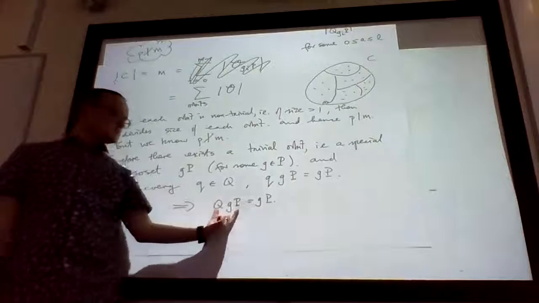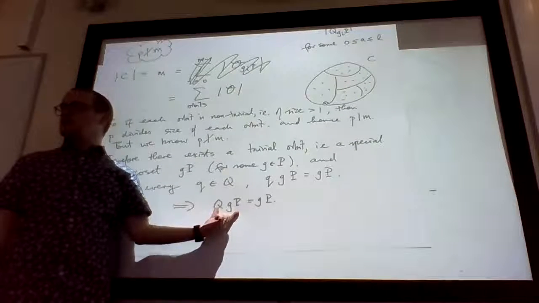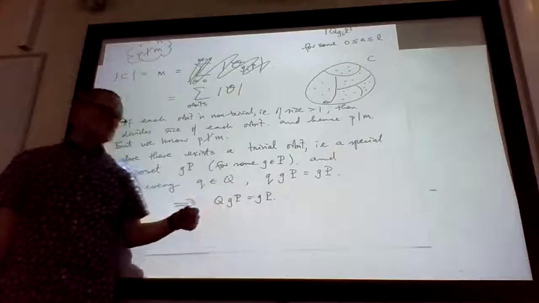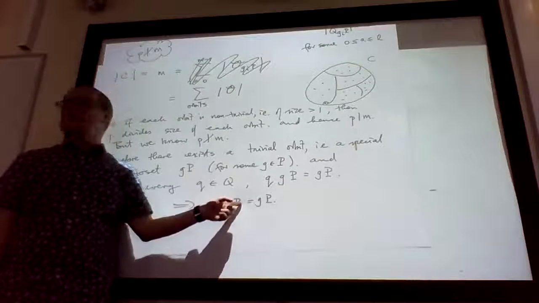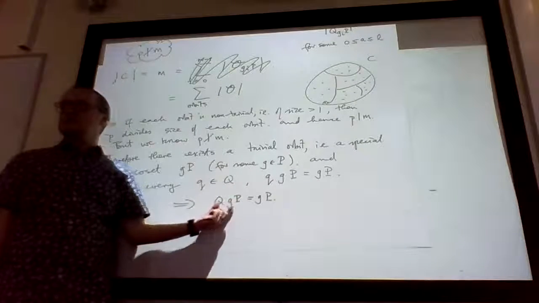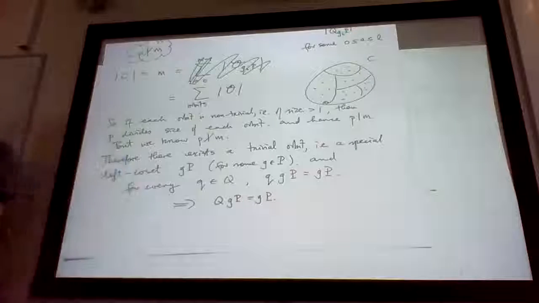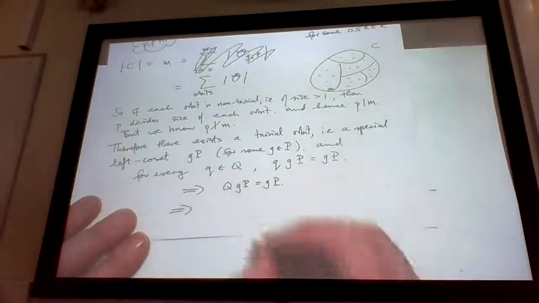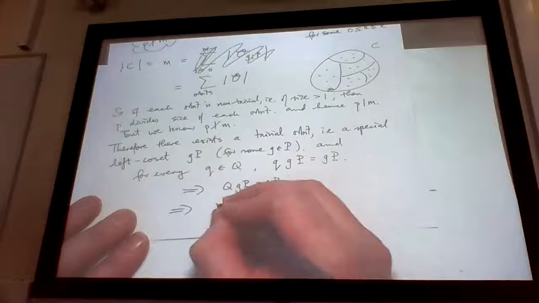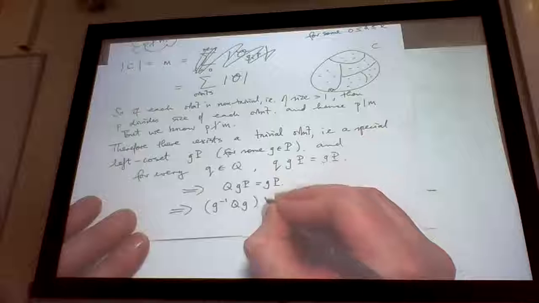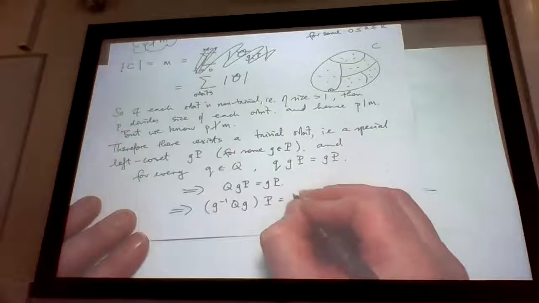Remember the meaning of these expressions when we've got subgroups multiplying other subgroups? It stands for the set of all products, choosing any element of Q, any element of P, over all possible products that you can form like that. Well, that implies, hit both sides with g inverse, and bracket, as we can by associativity.